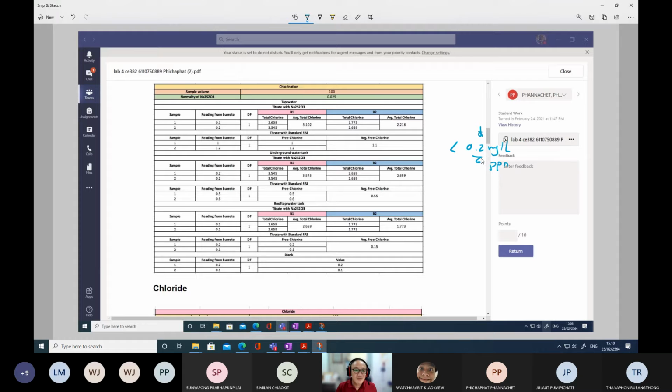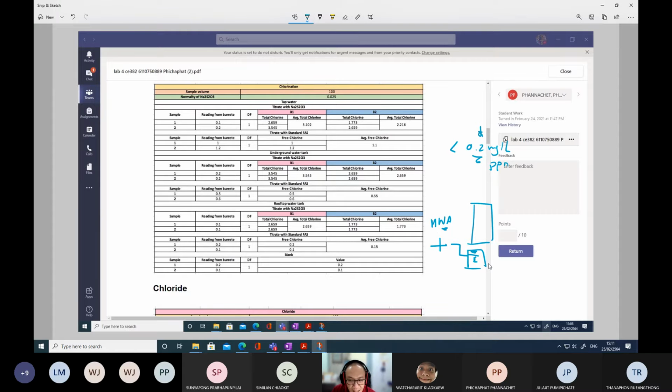The samples that I have given to you are samples we collected from a high-rise building. This building received the tap water from the Metropolitan Waterworks Authority. They produce the tap water and distribute it throughout Bangkok. So this building received water from this agency, and then the water gets into this building and is collected in the underground water tank.